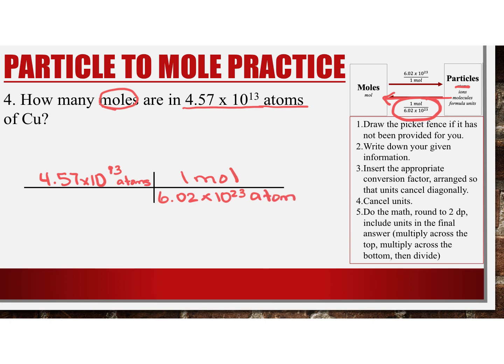Okay, we have it set up and it is ready to solve. So we're going to cancel our units and then we're going to use our calculator and divide these numbers. When we do, we get 7.59 times 10 to the negative 11 mole.